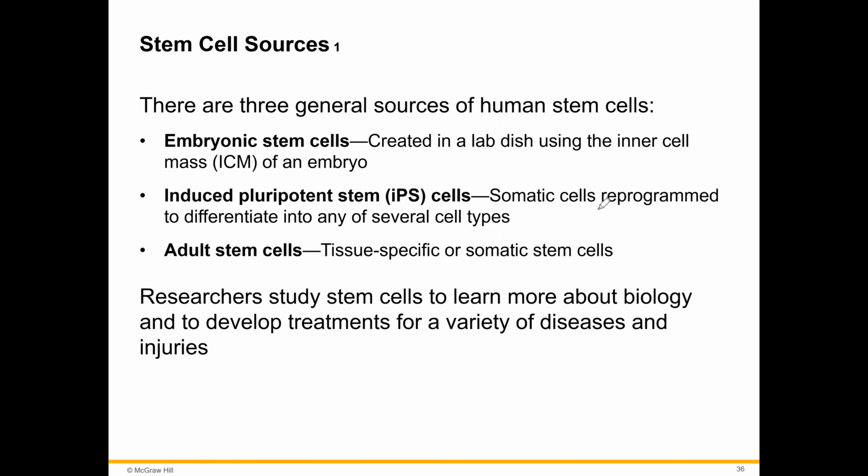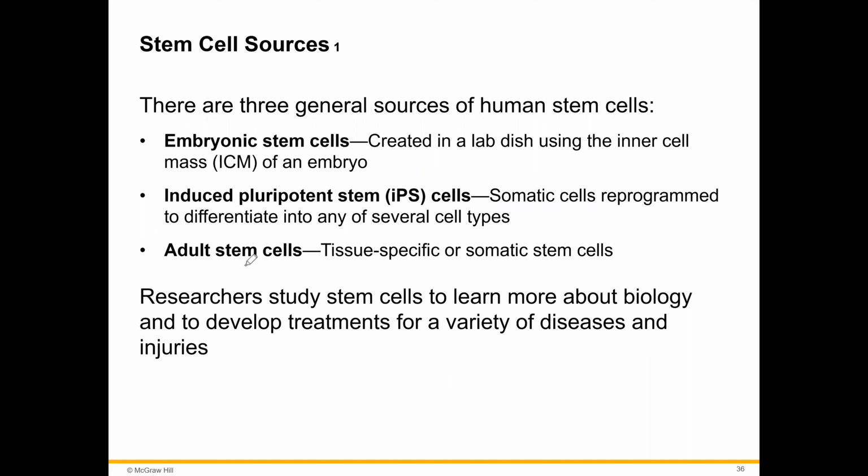Those are somatic cells that were reprogrammed to differentiate into any special cell type. Those are just regular cells of our body that were stimulated, and they kind of reversed back to stem cells.